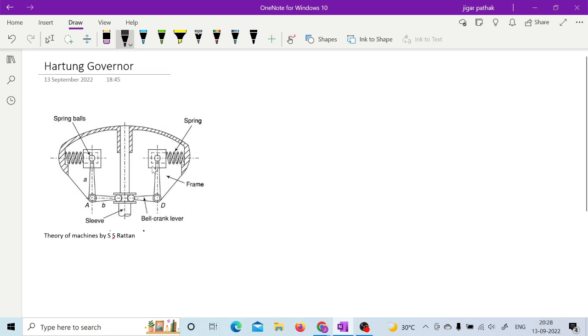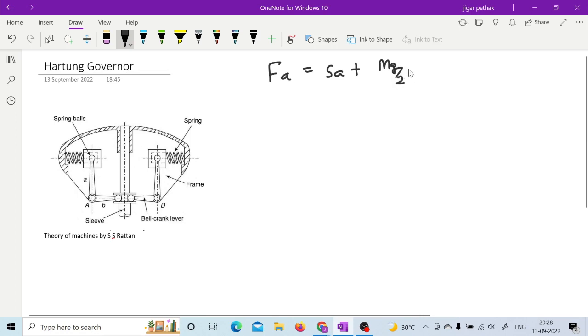If you write the equilibrium of moments in this particular governor, then you have F into A, the centrifugal force into this distance, equals S into A, where S is the spring force, plus mg by 2 into B. Here friction is not considered.